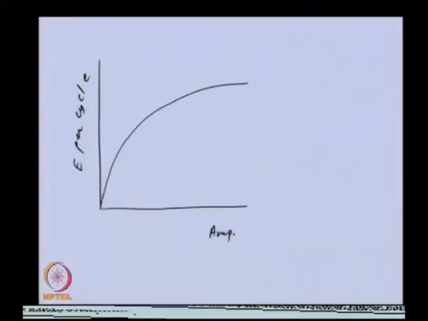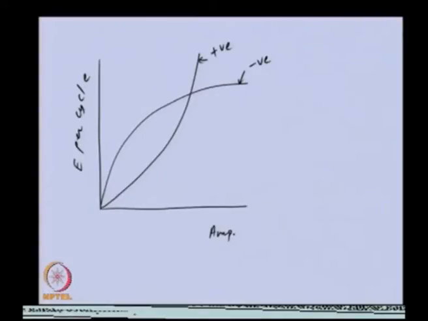For positive damping, another curve, because in the system negative damping and positive damping exist simultaneously and independent of each other. So this is corresponding to negative damping, and this is corresponding to positive damping.